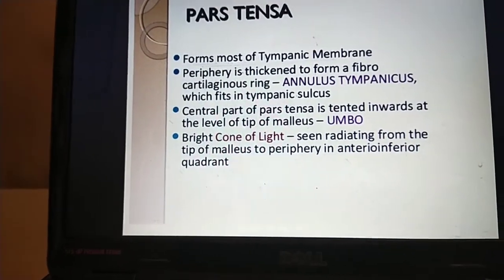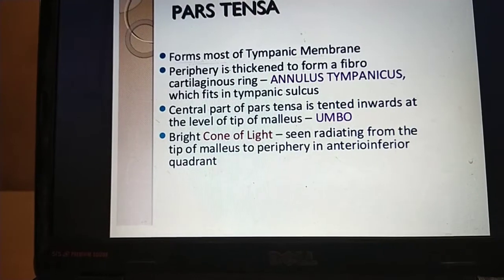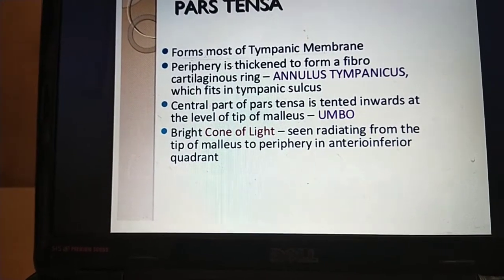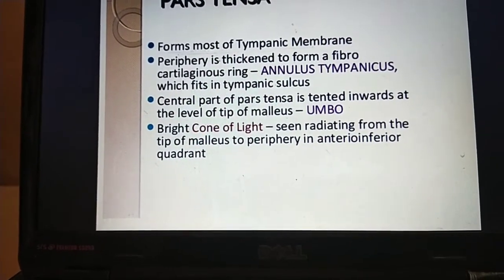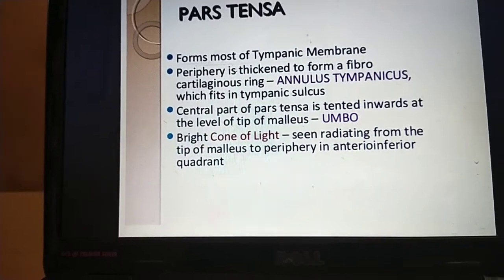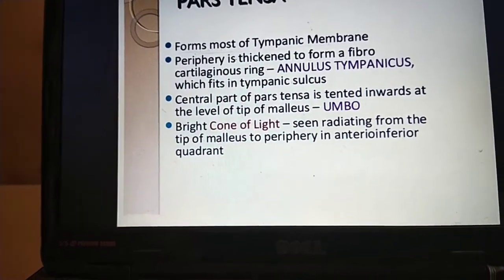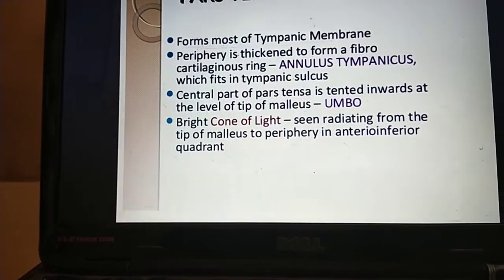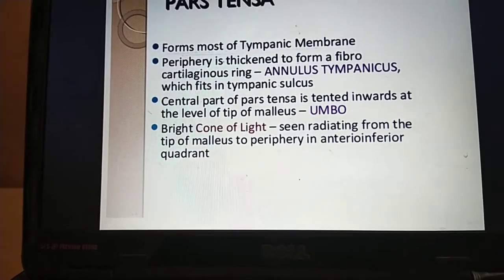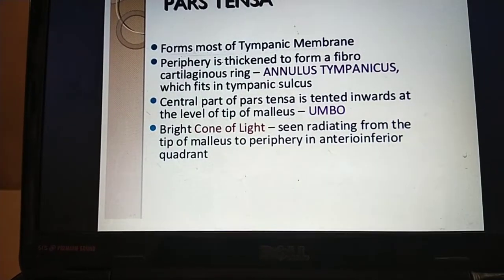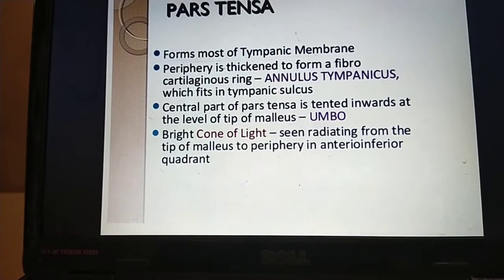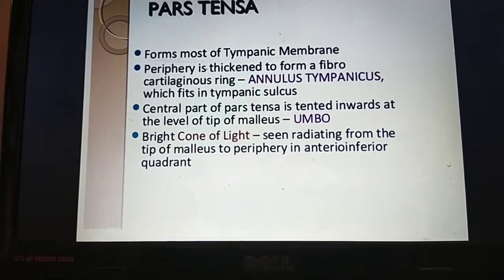The central part of the pars tensa is tented inwards at the level of the tip of the malleus. This central, most inverted portion of the tympanic membrane, an inward projection of the tympanic membrane of the ear, is called the umbo.